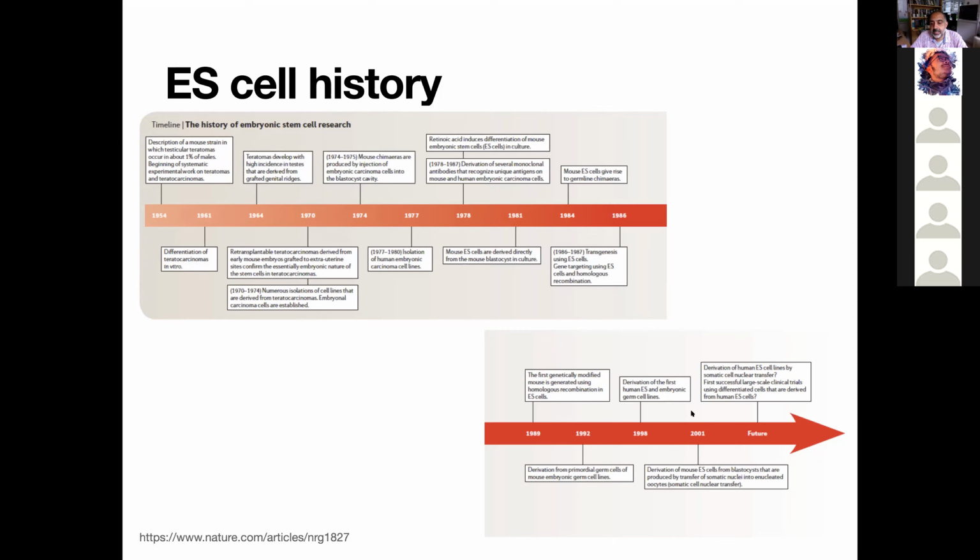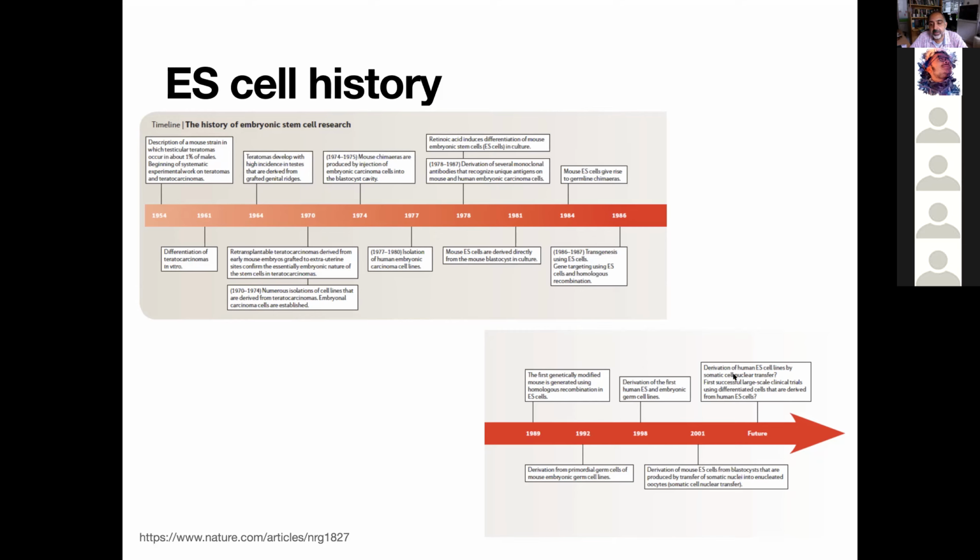We end this timeline here with the derivation of human ES cells. Human ES cells were first derived just over 20 years ago, and these have been used for understanding differentiation of human embryonic tissues as well.